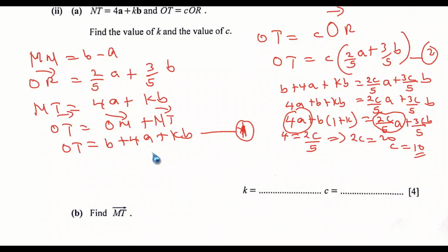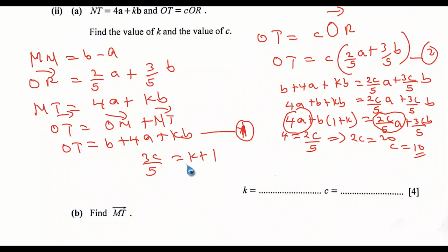So this will be 3c/5 equal to k plus 1, as they are equal.